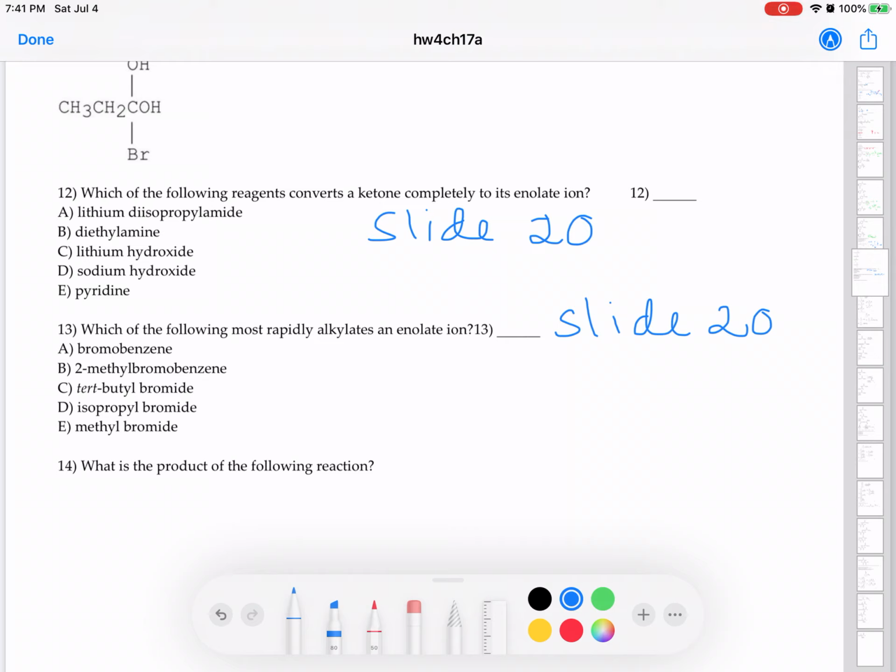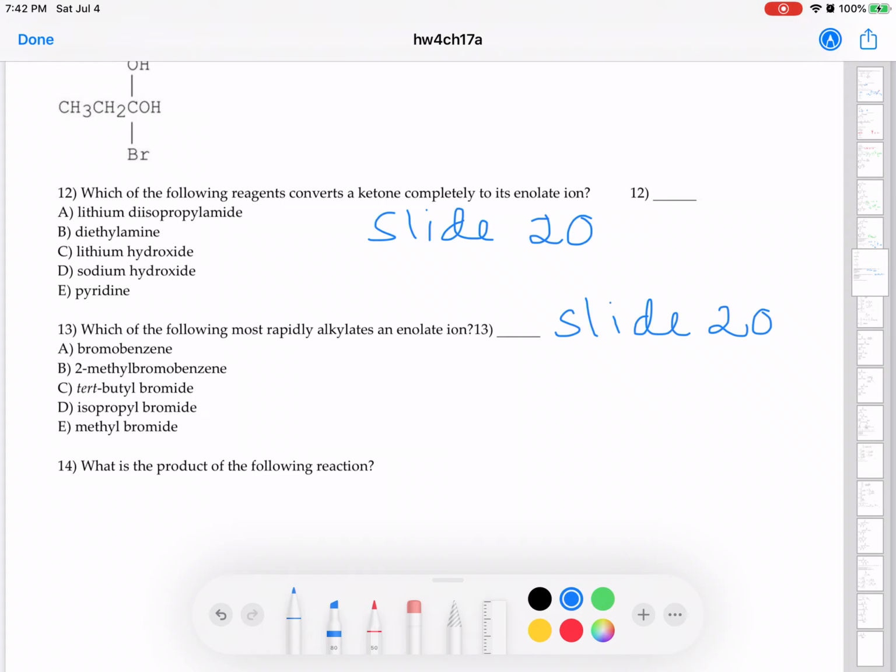Now the bromobenzene. Benzene is a bulky group. 2-methylbromobenzene, again that also has more substituents. Tertiary butyl bromide, a tertiary group, isopropyl bromide, and then the methyl bromide. So which one is going to be the primary halide out of these? Is it the bromobenzene, 2-methylbromobenzene, tertiary butyl bromide, or the isopropyl bromide?